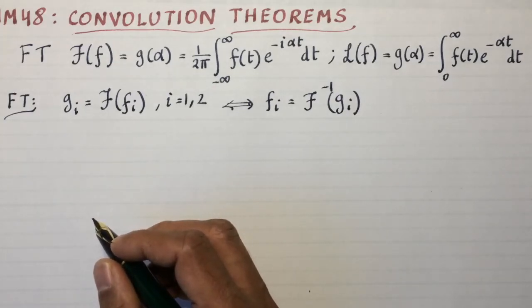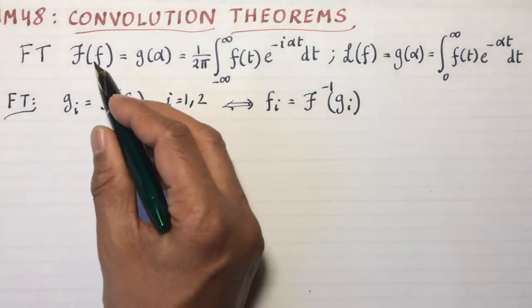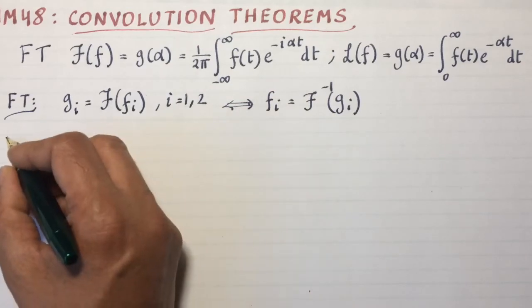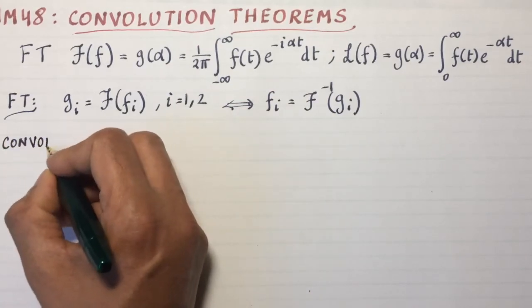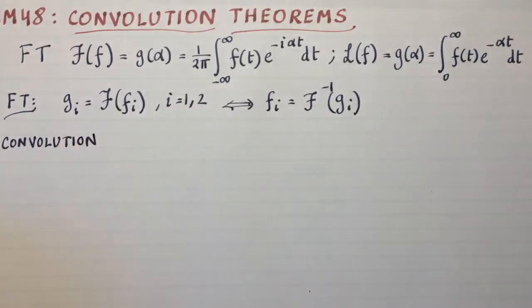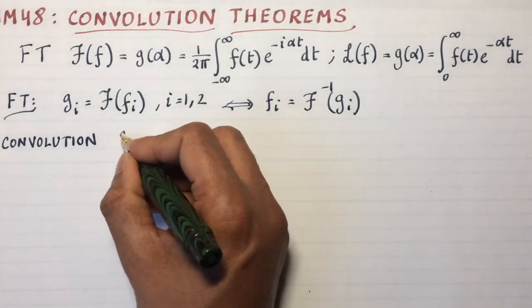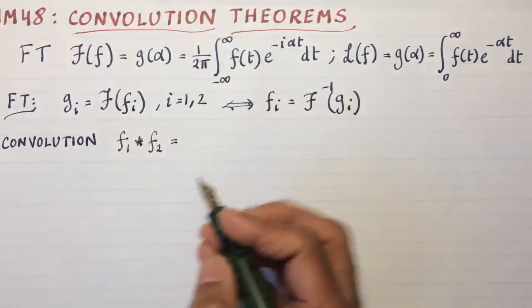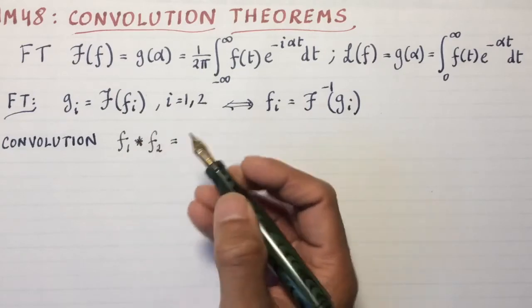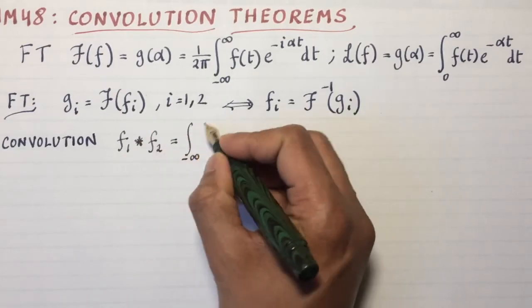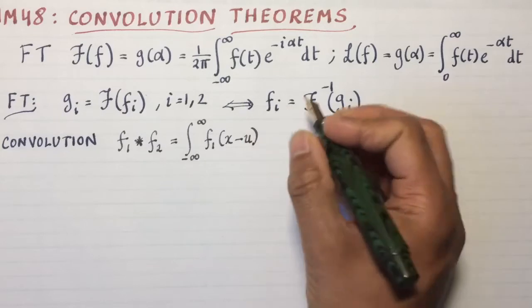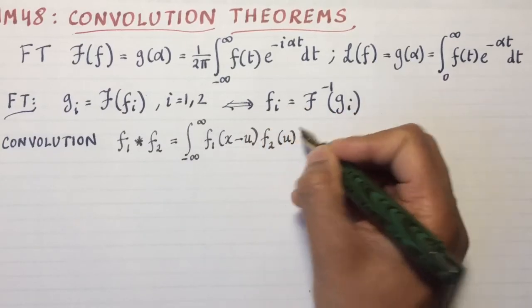For the Fourier transform, if you have two functions f1 and f2, the convolution of those two functions is defined like this. You take f1 and f2 and put an asterisk in between them, and that is the integral from minus infinity to infinity of f1 with argument x minus u and f2 with argument u, du.